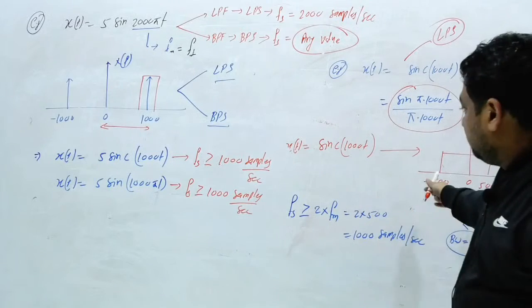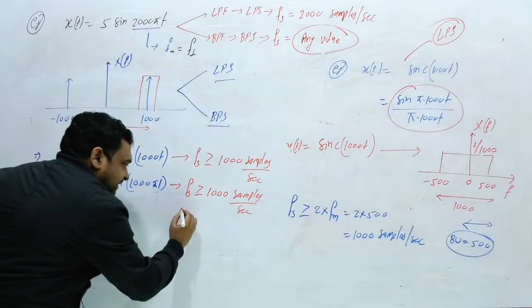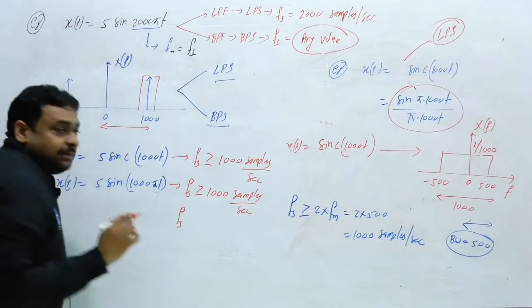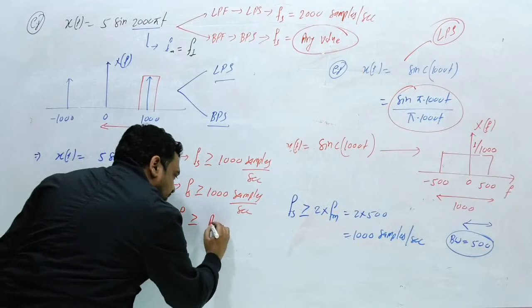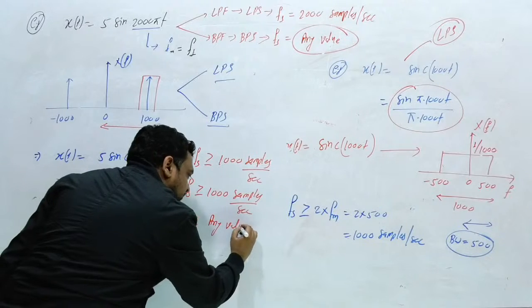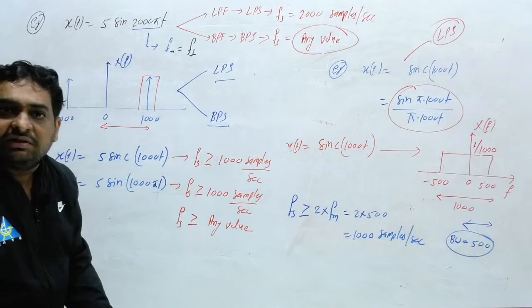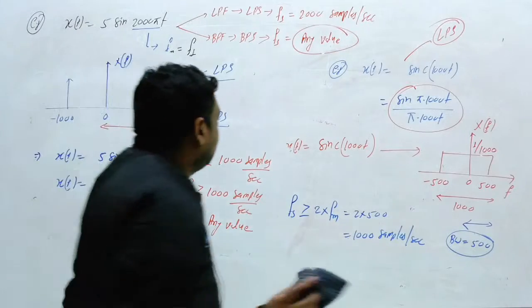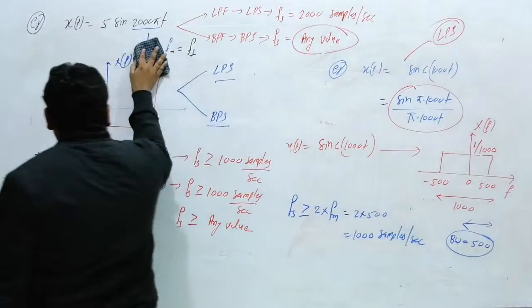You are already expert in the Fourier transform also. But if you assume this as low pass, or if you assume this as band pass, what will be Fs greater than or equal to any value? So here two answers are possible, but here only one answer is possible. Clear this point, everyone?